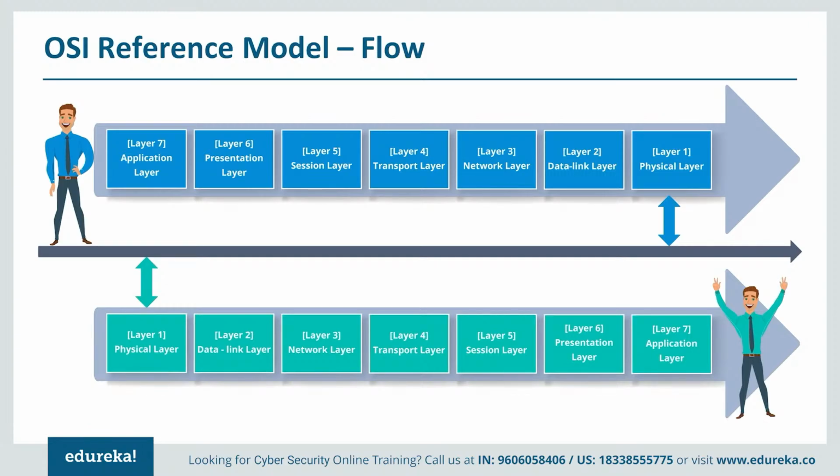For example, if the green person wants to send information, the same message will move from the application layer, presentation layer, down to the physical layer, and it will be passed on to the other person's computer over the physical layer, data link layer, and moves up until it reaches the blue person. Even if multiple people and devices are communicating, any number of devices needs to follow the same layers from layer 1 to layer 7 or in the reverse order, layer 7 to layer 1.